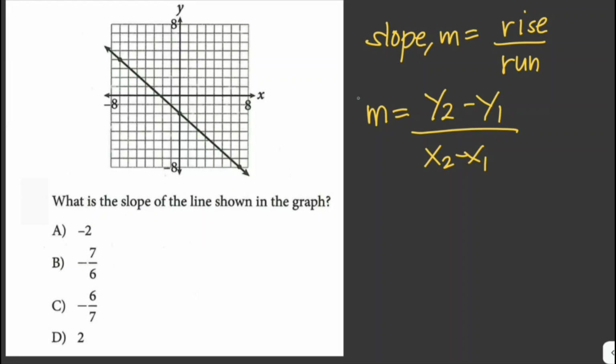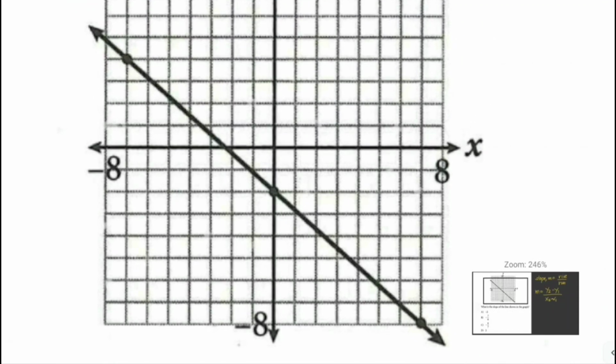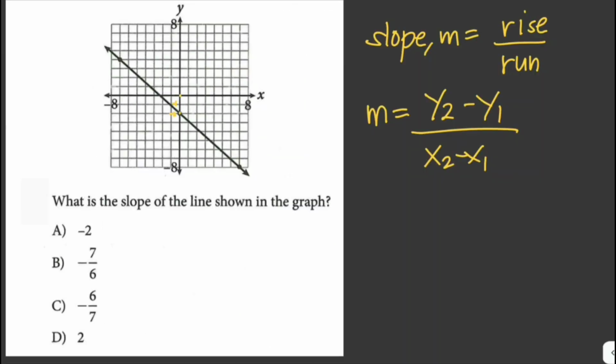So I want to use the slope formula, and I'll choose 2 points on the line. So let's say we have here, okay, when x is 0, y is -2. So this is -1, -2.